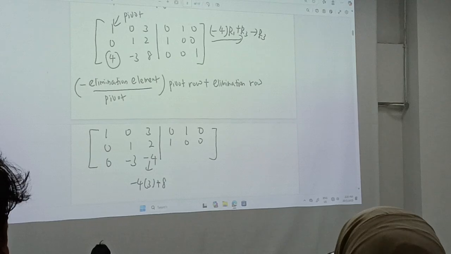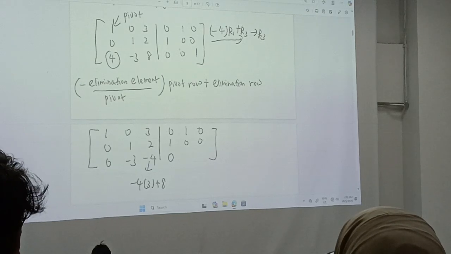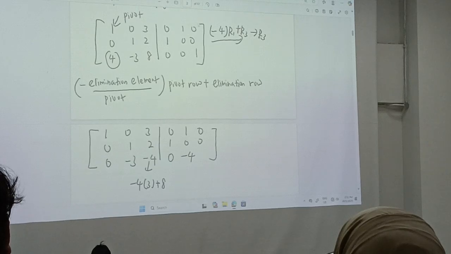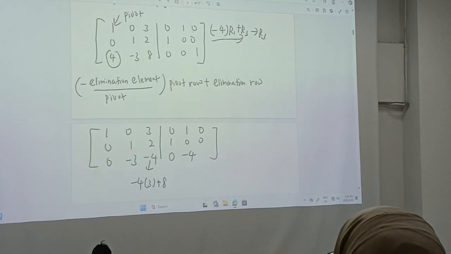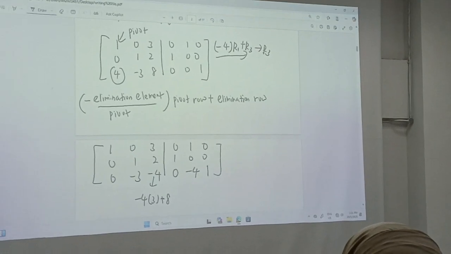And then negative 4 times 0 plus 0, 0. Negative 4 times 1, negative 4 plus 0, still negative 4. Negative 4 times 0, 0 plus 1, 1. Okay?